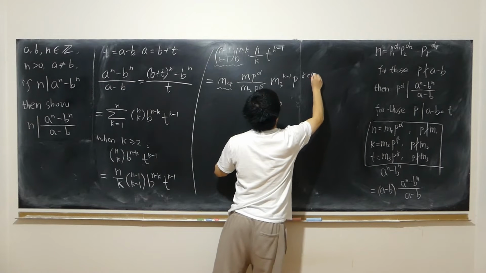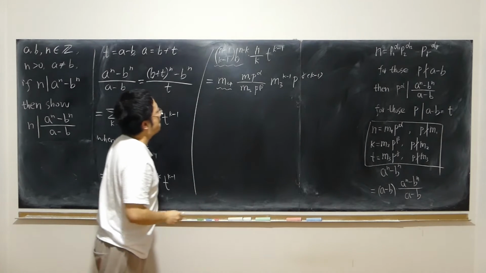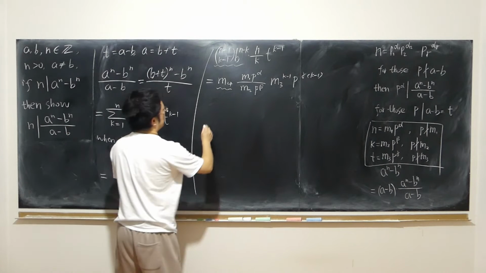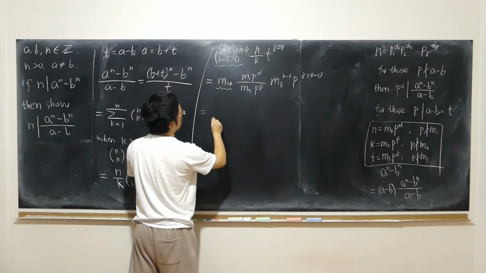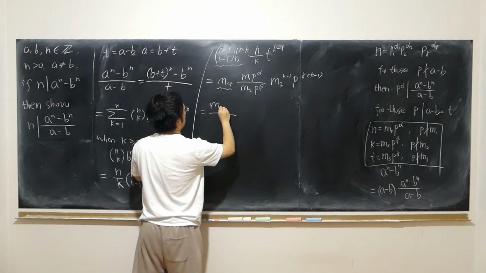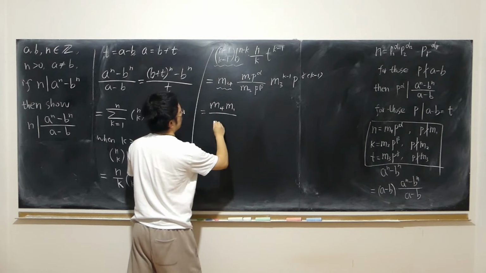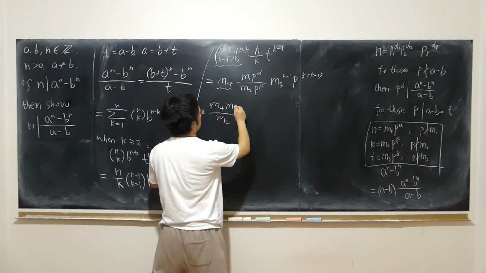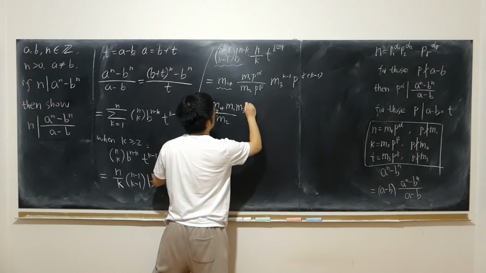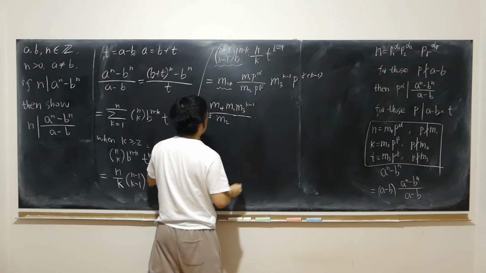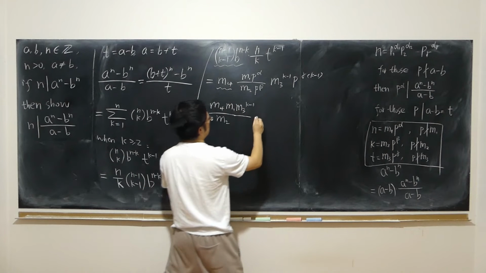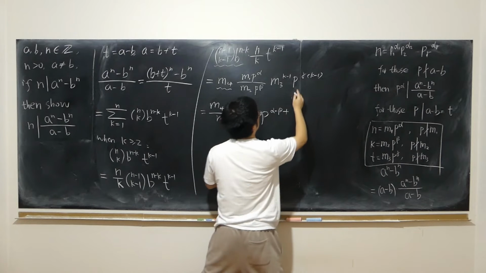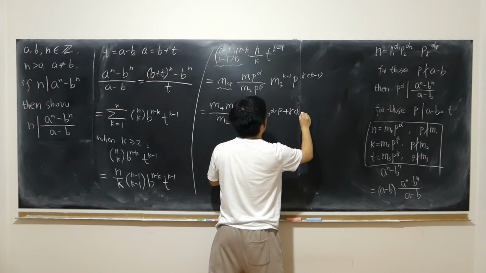So I have m4 times m1 over m2 times m3 to the k minus 1, and combining the p's, all the p's give p to the alpha minus beta plus gamma times k minus 1.